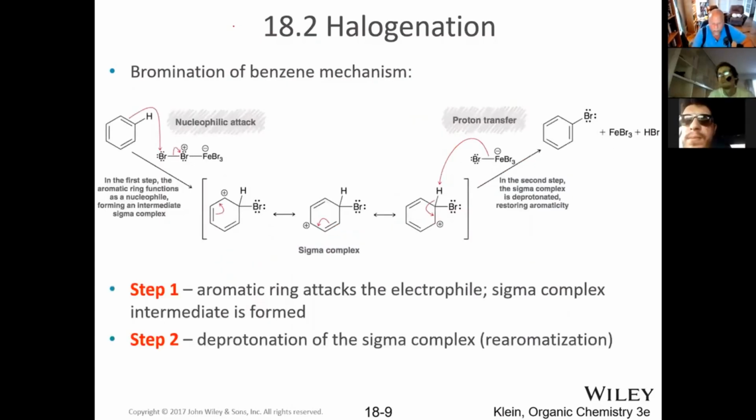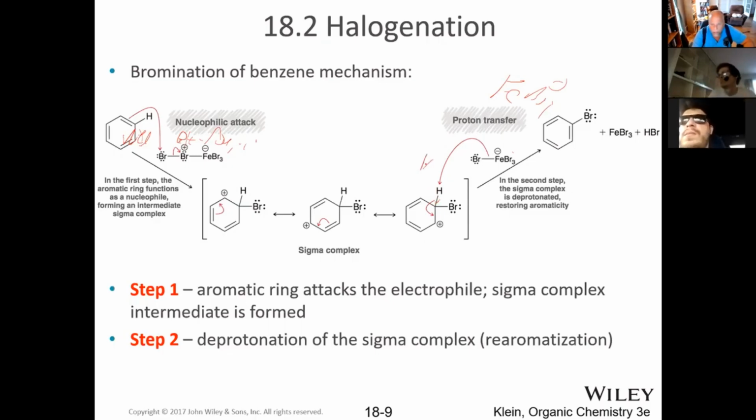Now, the mechanism for this, and again, this is acting like the nucleophile. This is a nucleophile. This is the electrophile. So essentially you've got this complex that forms with different positive things in there. And then this new FeBr4 minus will come in and abstract this hydrogen, because now this hydrogen is a better leaving group.